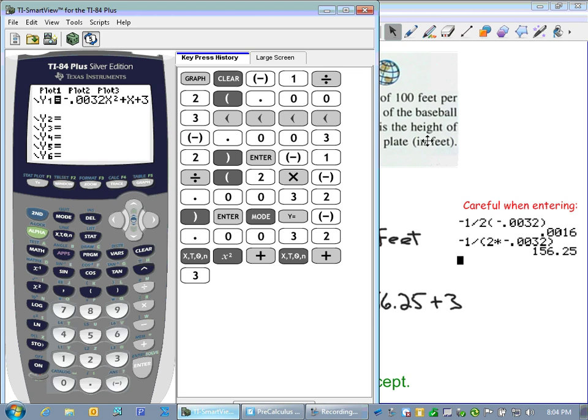So we have actually seen a problem with these numbers before. We had a problem in the last chapter with the exact same equation, and it asked us whether or not that ball would clear a fence that was, I believe, 10 feet high, 300 feet down from home plate. So if you remember the numbers there, then you know it should land a little further than 300 feet.